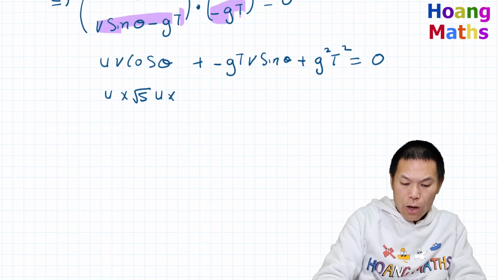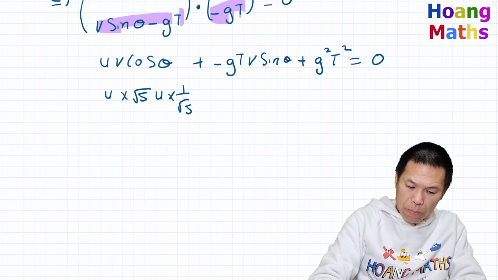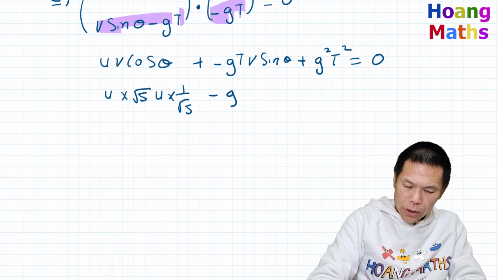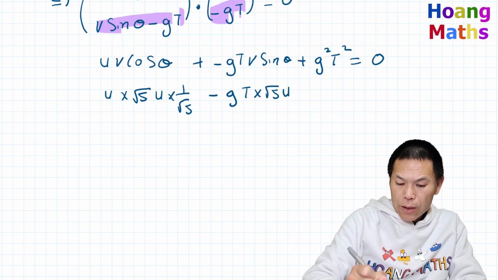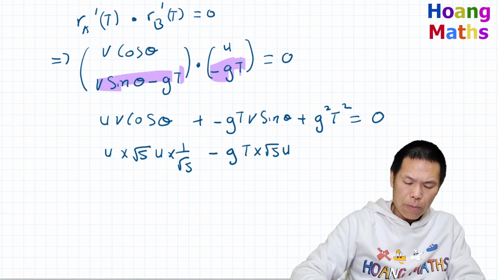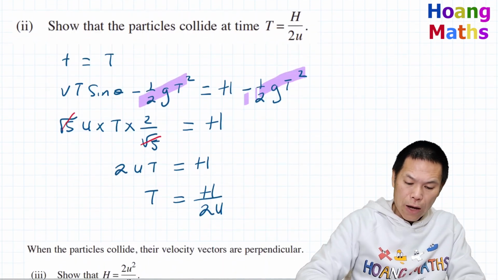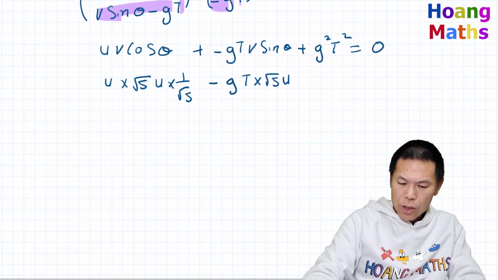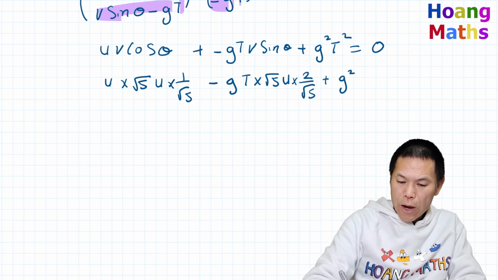So we multiply by 1 over square root of 5. And then we minus gT. v is square root of 5 u. And sine of theta, that means opposite over hypotenuse, so that gives me 2 over root 5. So multiplied by 2 over square root of 5. And then we add g squared T squared is equal to 0.